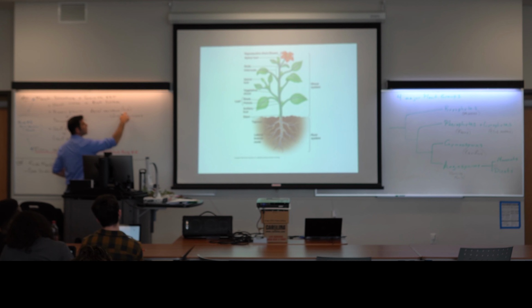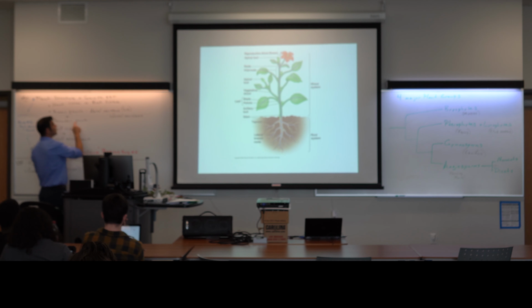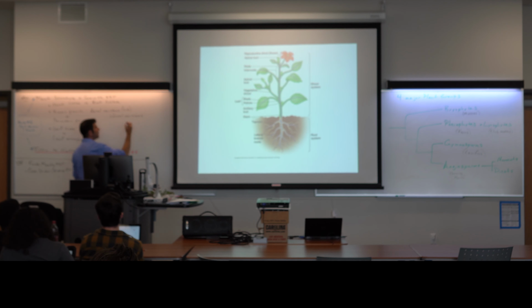And meristems is just another term for bud. These apical meristems and lateral meristems, you can think of primary growth as adding length to the plant. So let's say these allow the plant to grow in length.